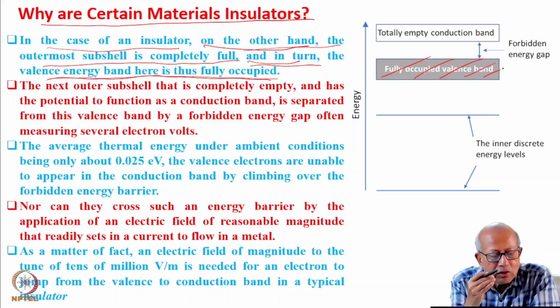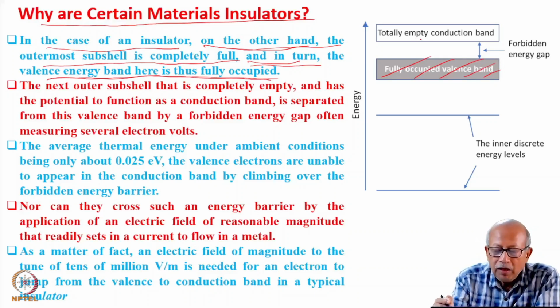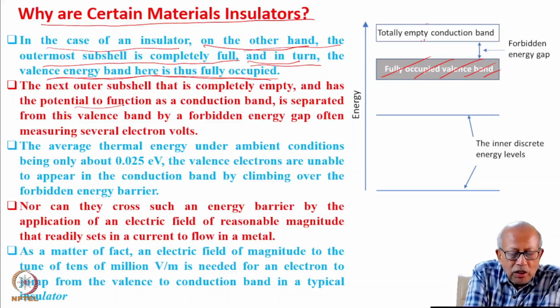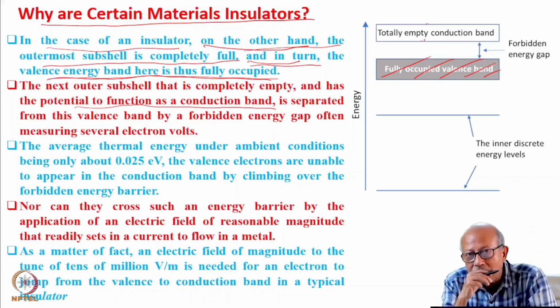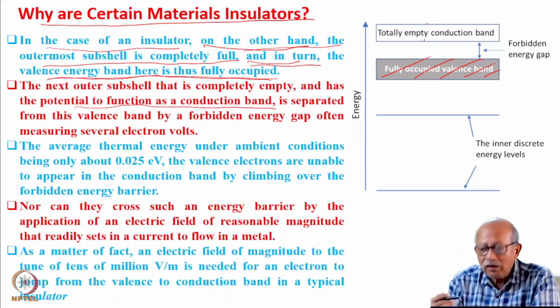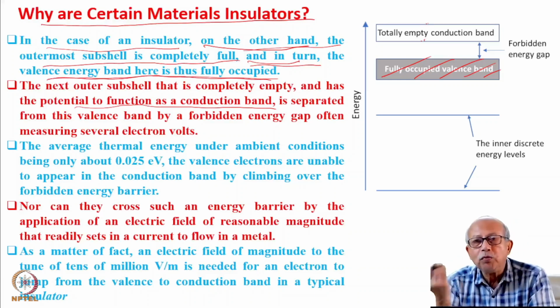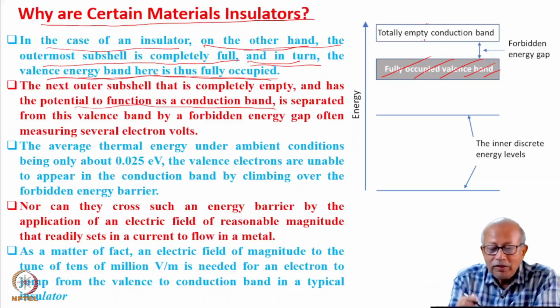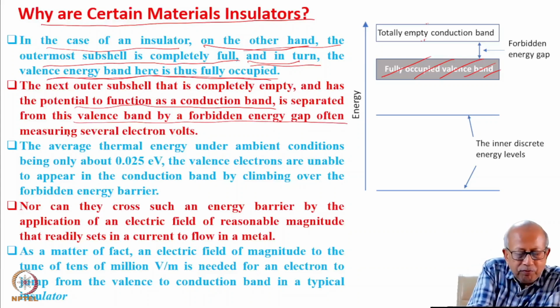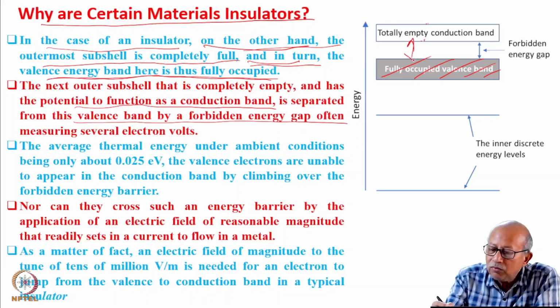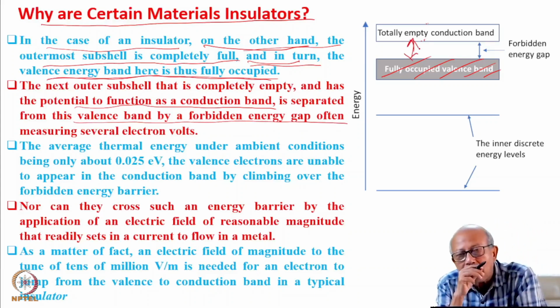The next outer subshell is completely empty and has the potential to function as a conduction band, because if the electron comes here, then it is even further away from the nucleus. So it will be even more free to move. But it is separated from this valence band by a forbidden energy gap. This gap is forbidden. Electron cannot go there.